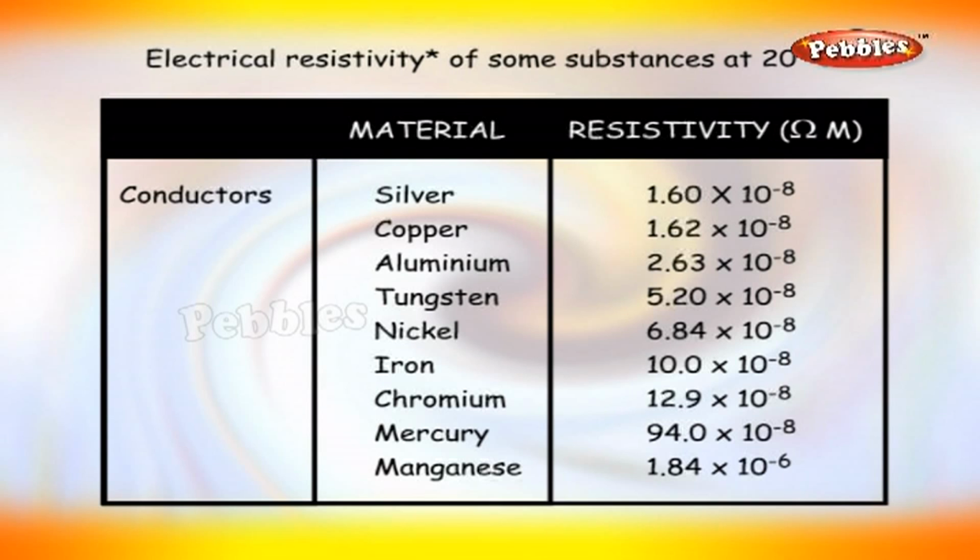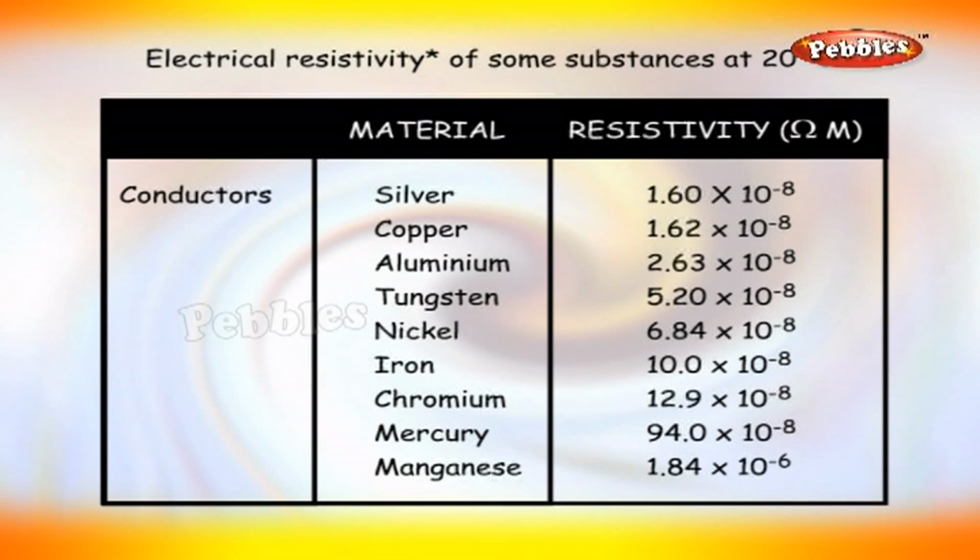Electrical resistivity of some substances at 20 degrees Celsius. Material, resistivity. Conductors. Silver, 1.60 times 10 to the power minus 8. Copper, 1.62 times 10 to the power minus 8. Aluminium, 2.63 times 10 to the power minus 8.